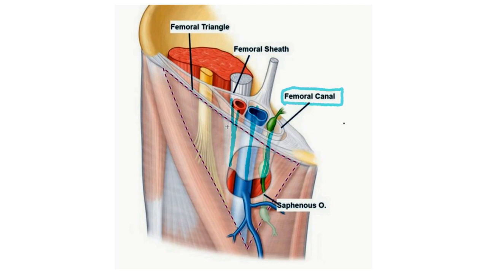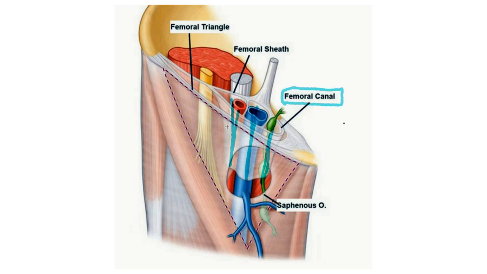So the femoral sheath encloses the femoral vein and the femoral artery, and medially it forms a special hollow space which we call the femoral canal. We will learn about this canal later. So the femoral sheath will enclose the femoral artery, the femoral vein, and some other structure which we will learn later.